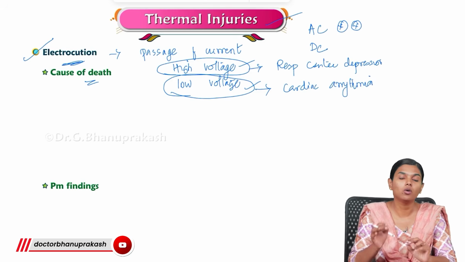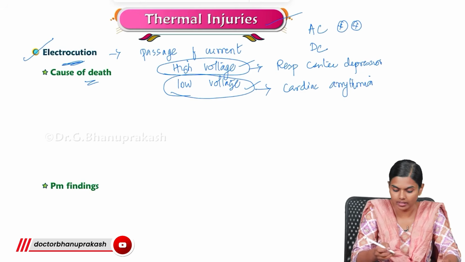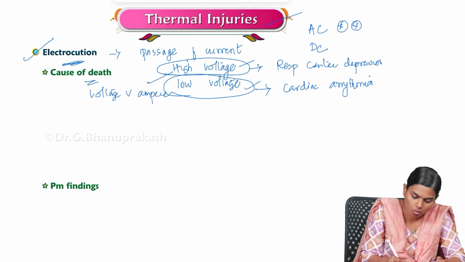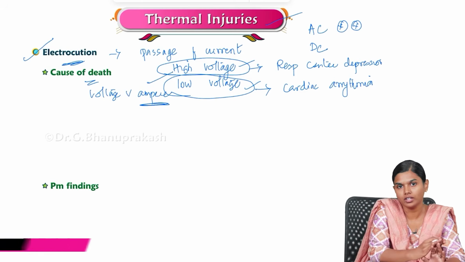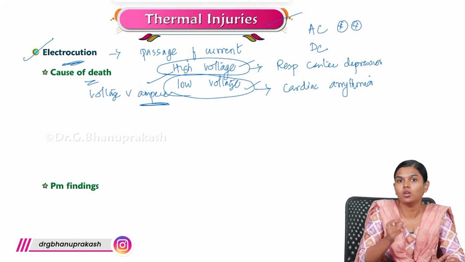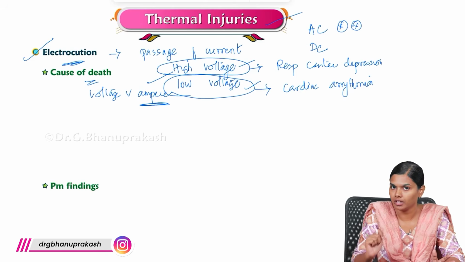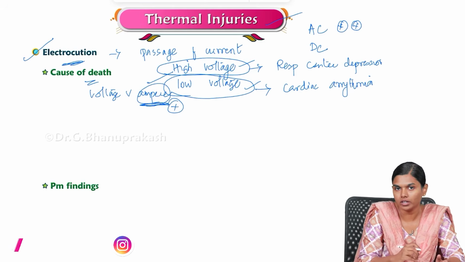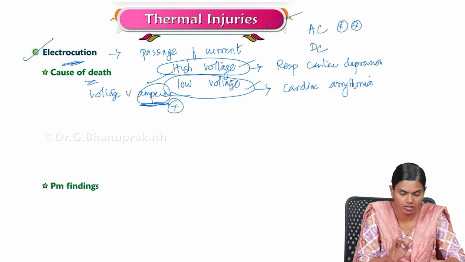But when you compare voltage versus current, that is voltage versus ampere, it is ampere that is more dangerous. If you have high voltage and low ampere, the damage will be less than a low voltage with high ampere setting. So, ampere is more important than voltage in case of electrocution.